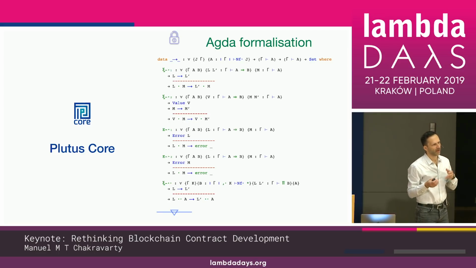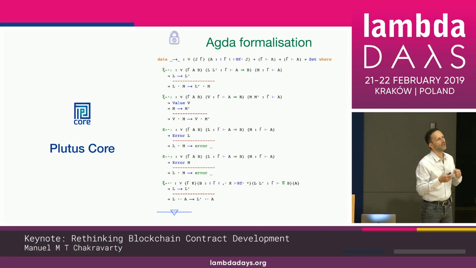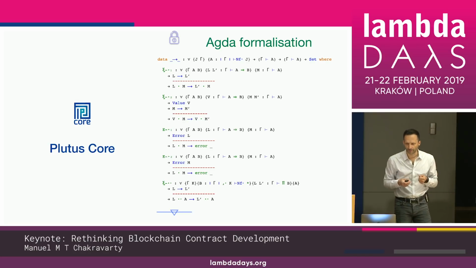So he came up with the formalization of the meta theory of System F omega in Agda, showing the various properties you want to show about such a system, such as the typing properties, progress, preservation, formalization of the operational semantics, all this stuff. And that's good.